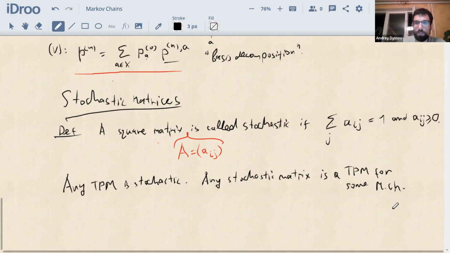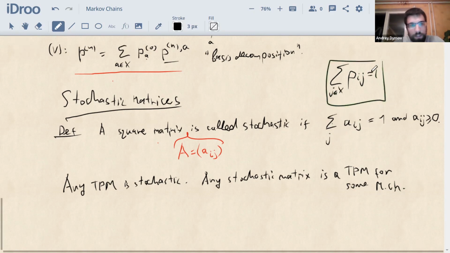This property, the sum over the row equals 1, is exactly the property that the sum of the transition probabilities over the second argument equals 1.